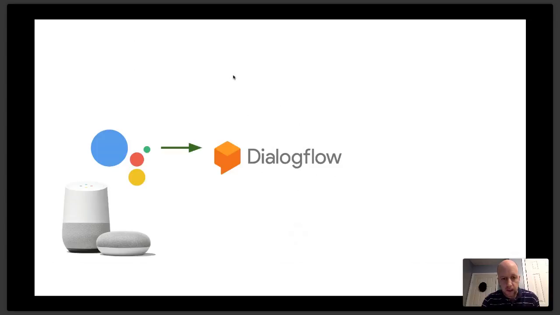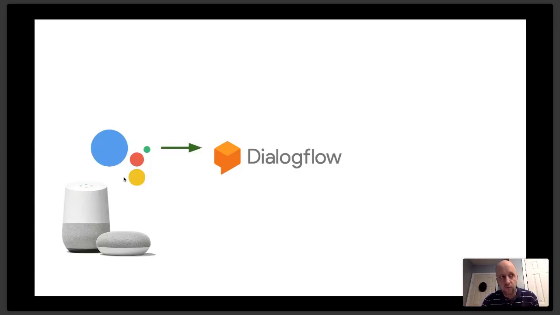Okay. And so in our flow here, you see Actions on Google runs on the device itself, or doesn't run on the device, but the device directly calls Actions on Google and just passes it: here's what the user said, do something with it.